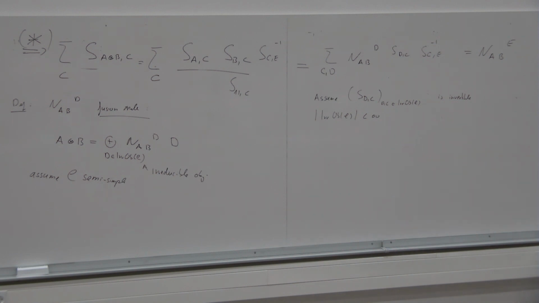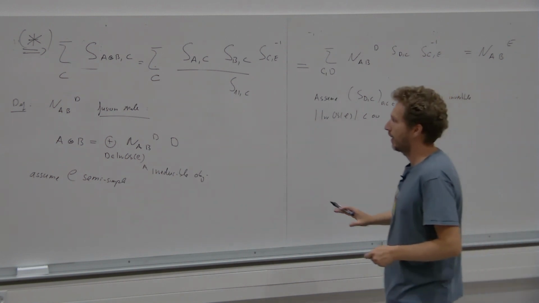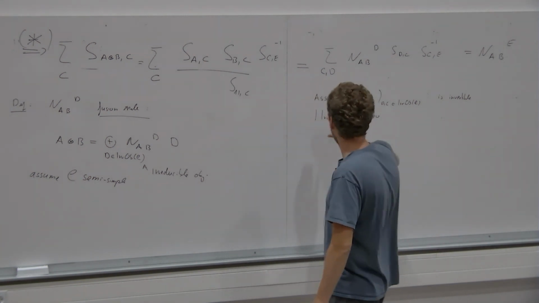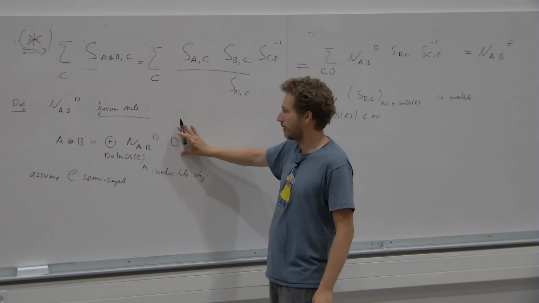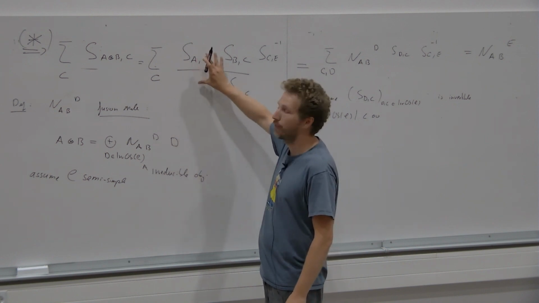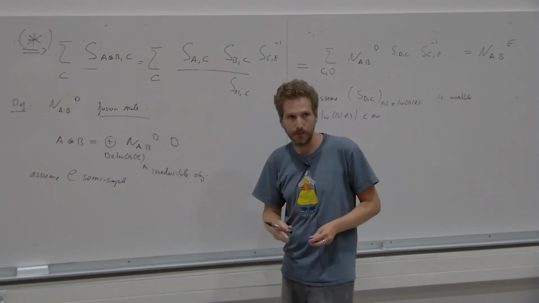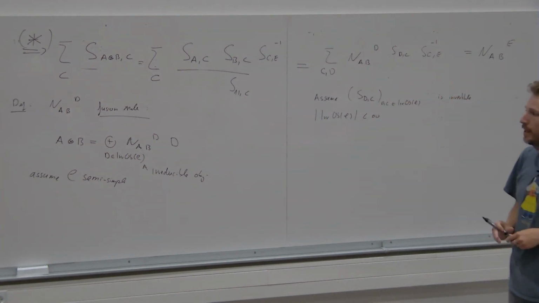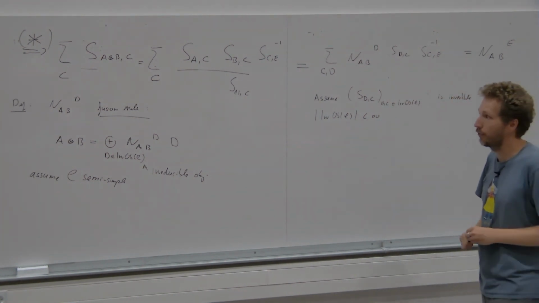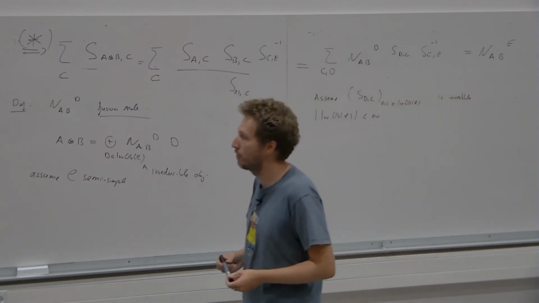So I demonstrated, under, of course, a bunch of assumptions on the category, that these fusion rules can be computed using the Hopf-link, using this formula. Now let me tell you a few things that fail and a few things that still hold in general.